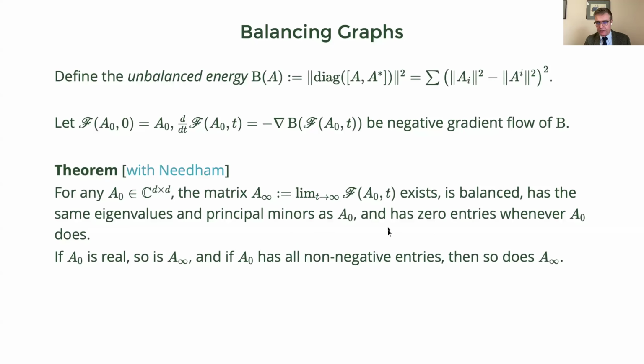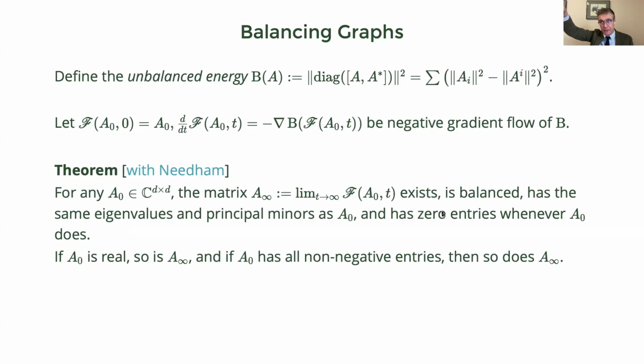Some nice features are preserved. Not only if you start real, you stay real, which is good, because if you're thinking about weighted graphs, probably your weights are real. You don't want to start with real weights and end up with complex weights. That would be bad. The other thing that's nice is that in your adjacency matrix, a 0 entry means there's no edge between those two vertices.